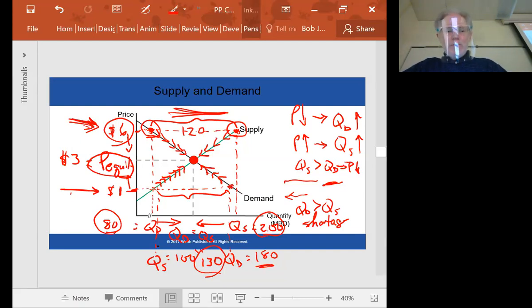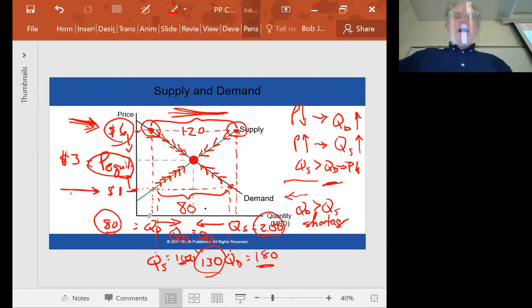Quantity supplied was 100. So the amount of the shortage would be 80. When you're trying to determine the amount of a shortage or surplus, you don't look at the equilibrium. You look at what the quantities are at the current price. If you remember that, that will help you a lot.